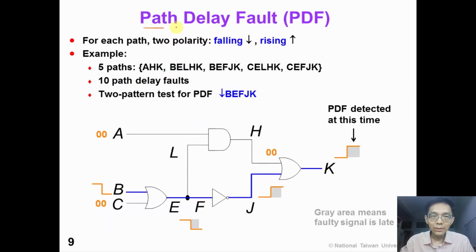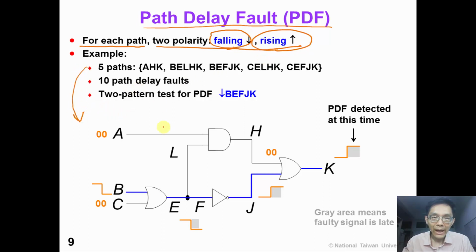So now let's see a particular example of a path delay fault. For each path in the circuit, we have two potential path delay faults: the falling polarity and the rising polarity. In this particular example, we have 5 paths in this circuit.